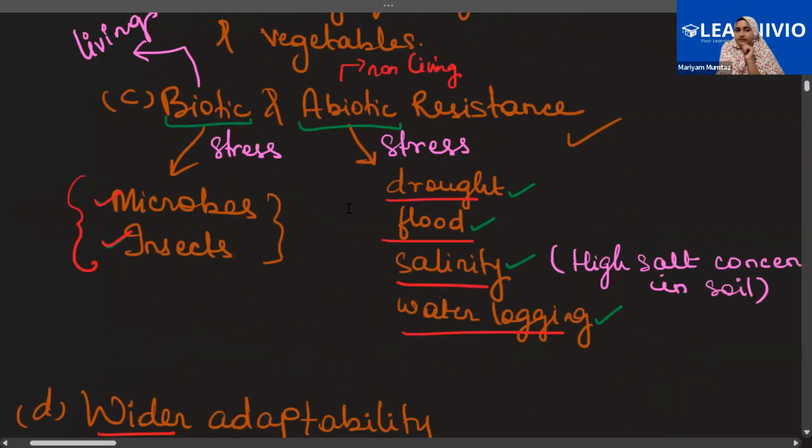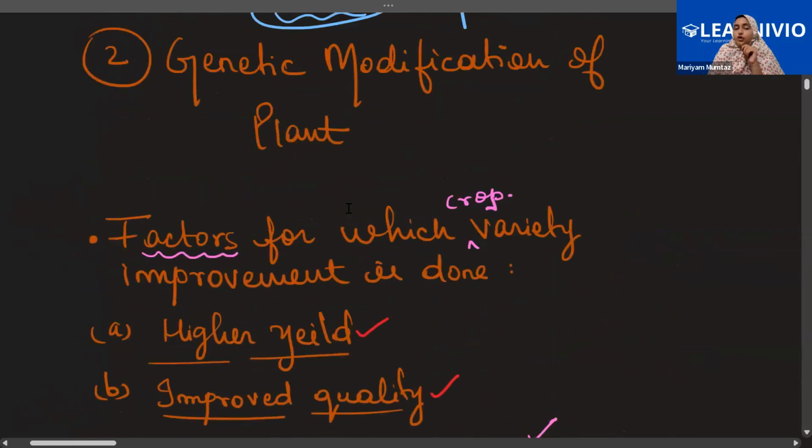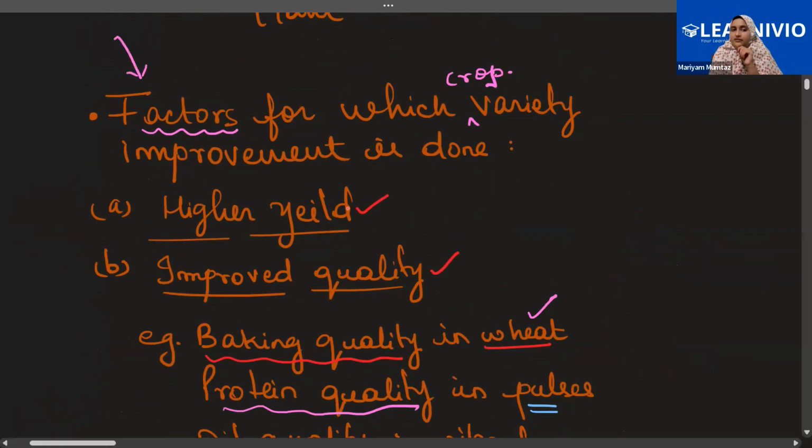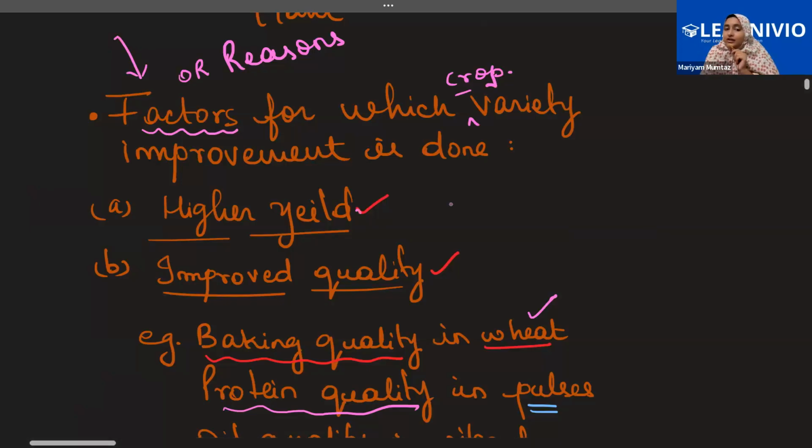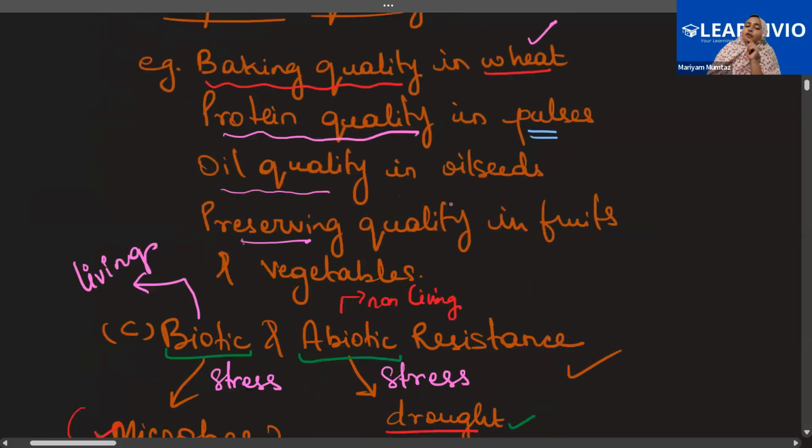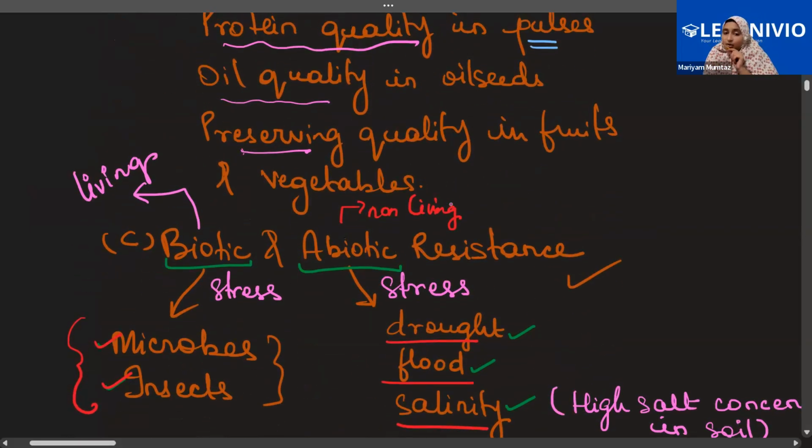So all in all, what are the factors or reasons for which we are doing the crop variety improvement? Why are we doing it? We are doing it for the higher yield. We are doing it for the improved quality. And then we are doing it for making the crop biotic and abiotic stress resistant.